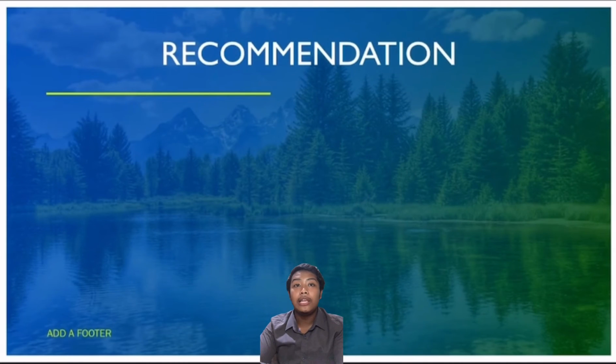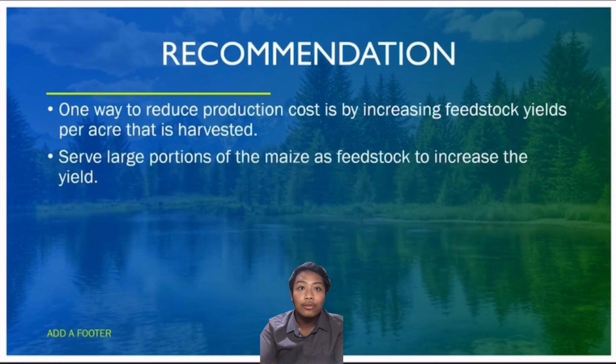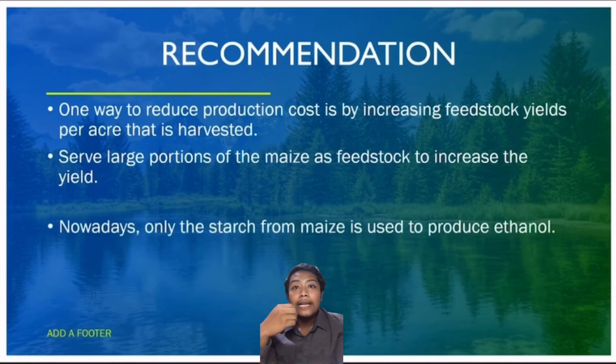Recommendation. It is widely recognized that feedstock costs are a critical factor in the production of fuel ethanol. One way of reducing this cost is to increase the feedstock's yields per acre that are harvested. Today, only the starch from maize is used for ethanol conversion. The yield would be increased if a larger portion of the maize plant were to serve as a feedstock.